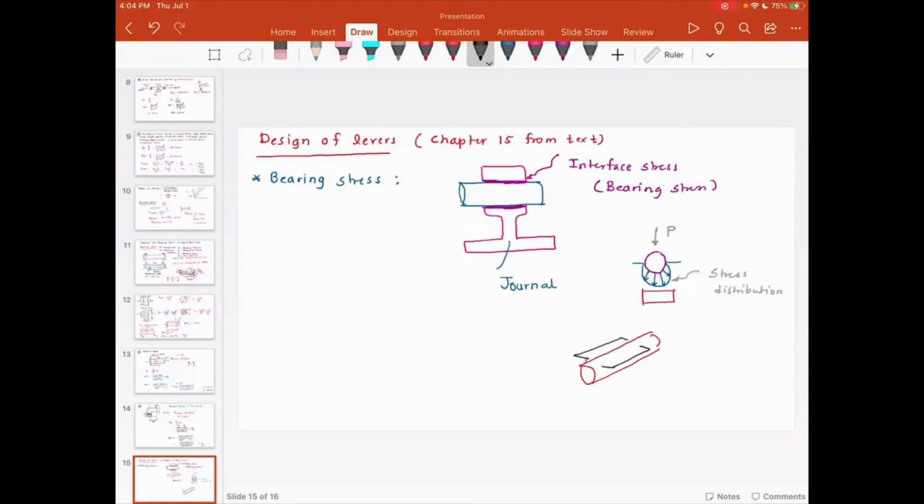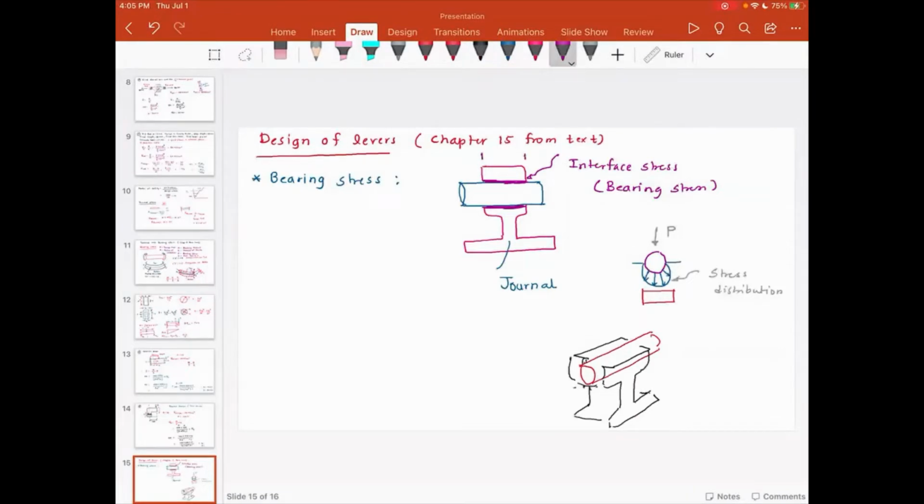This is an engineering convenience: we look at the projected area.